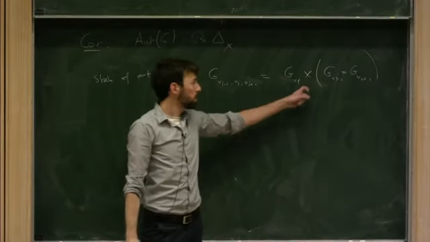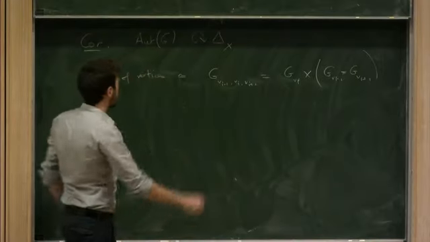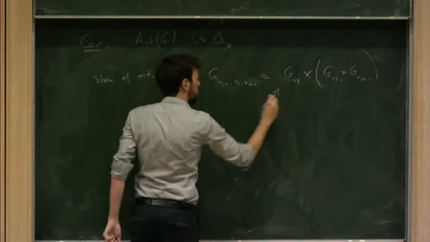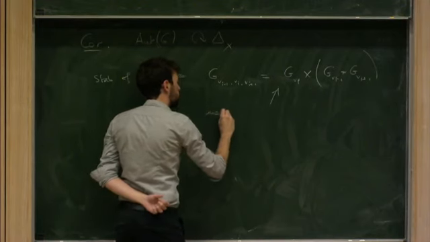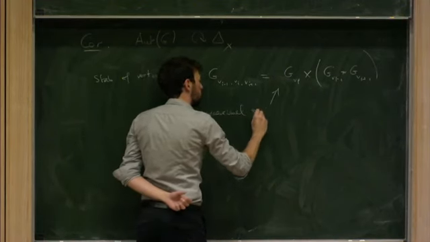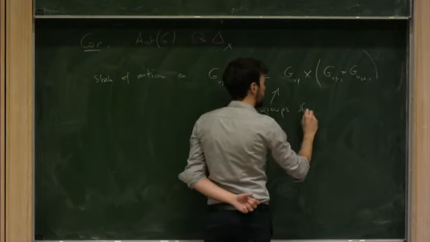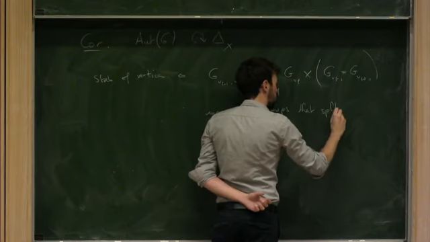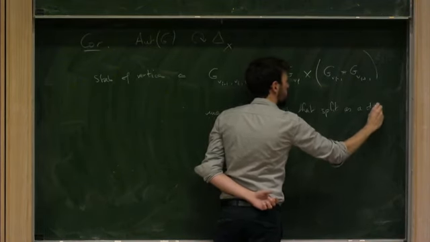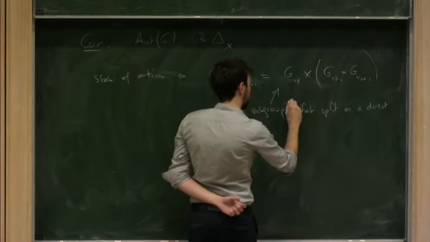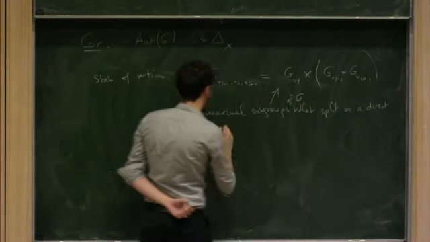So in particular, it's a direct product. And it turns out that those subgroups are exactly the maximal subgroups of G that split as a direct product.